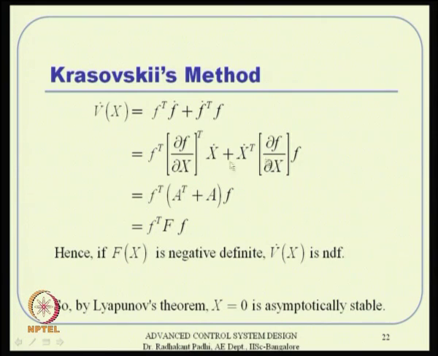Substitute all the expressions, and V dot is nothing but f transpose big F times small f. So it is very clear that big F of x has to be negative definite for V dot to be negative definite.